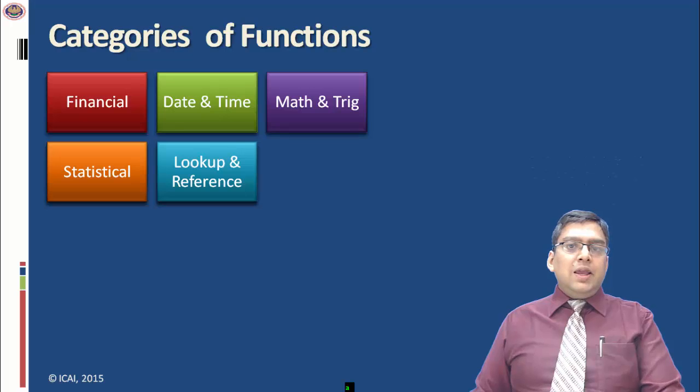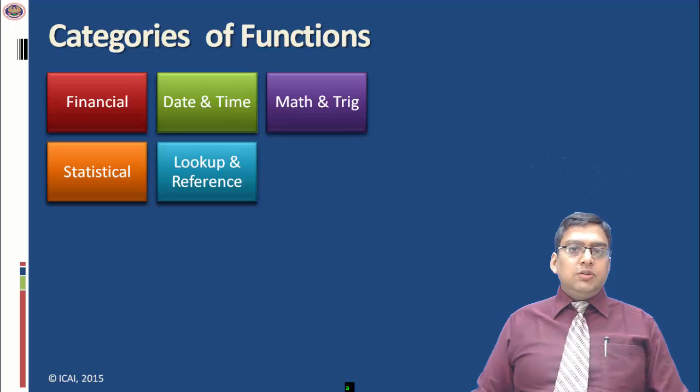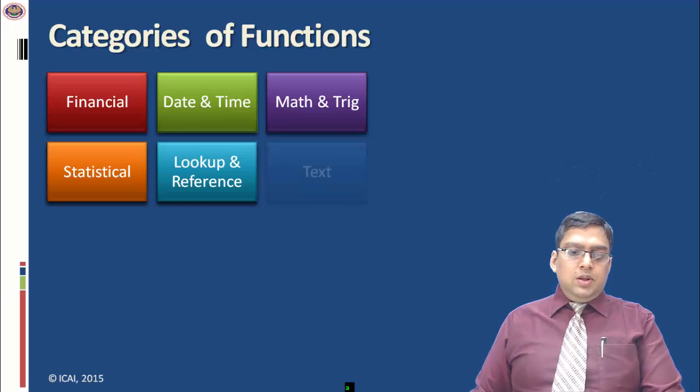Lookup functions, like LOOKUP itself is a function. VLOOKUP, V means vertical lookup. HLOOKUP, H means horizontal lookup.